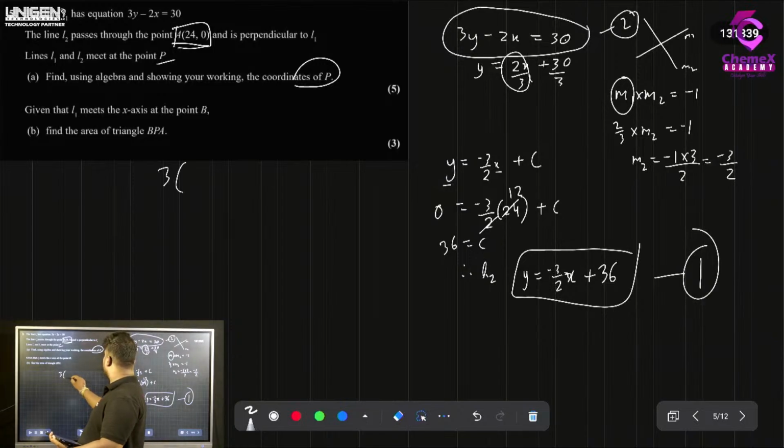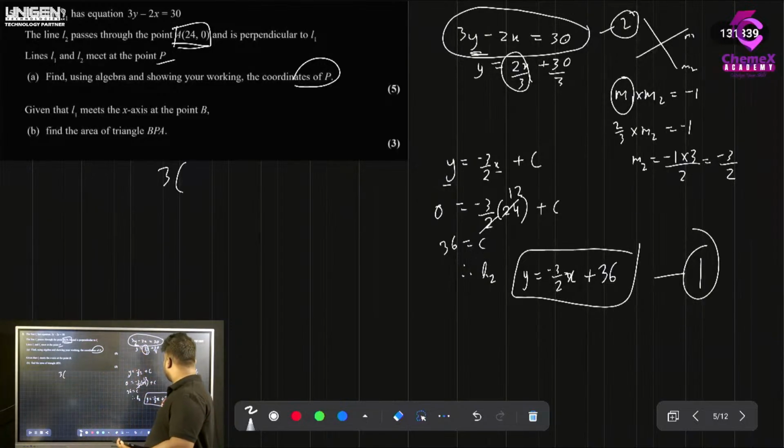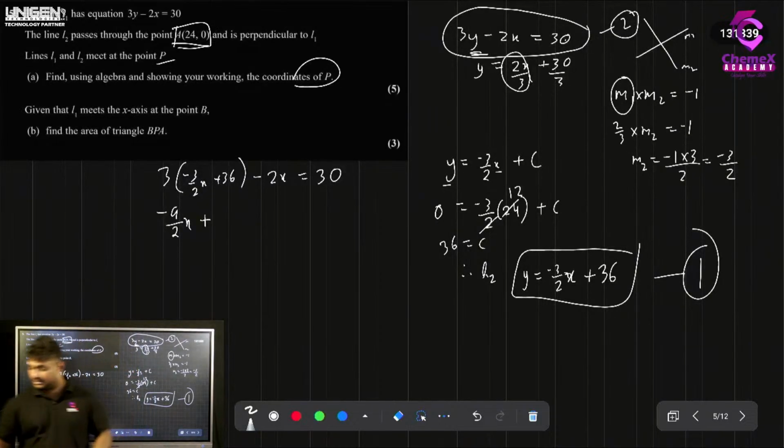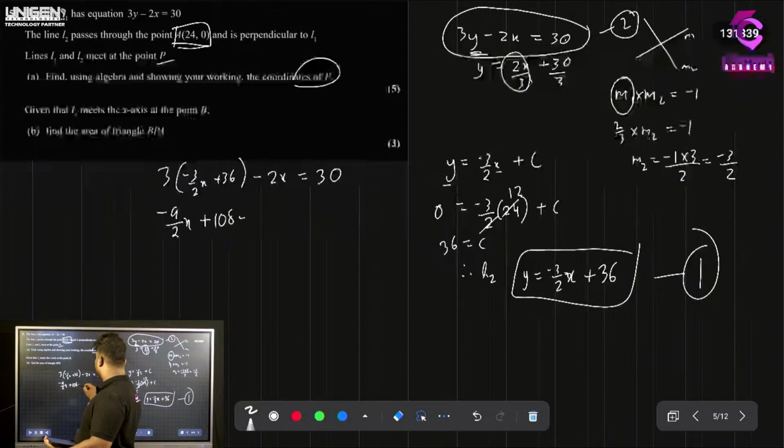So 3 bracket, instead of this y, I'm putting that term: minus 3 over 2 x plus 36, minus 2x is equal to 30. So this is going to be minus 9 over 2 x plus, what is 3 times 36? 108, minus 2x equals 30.